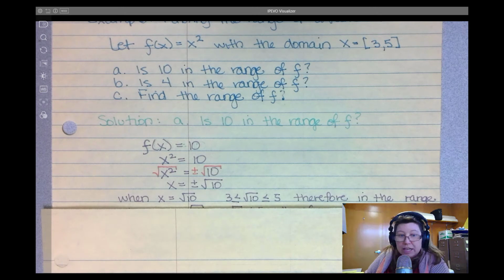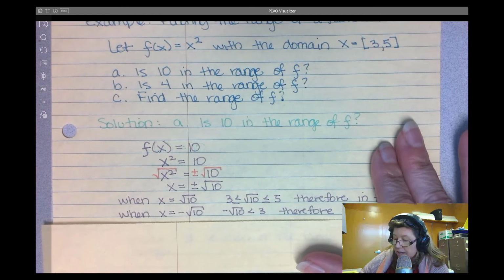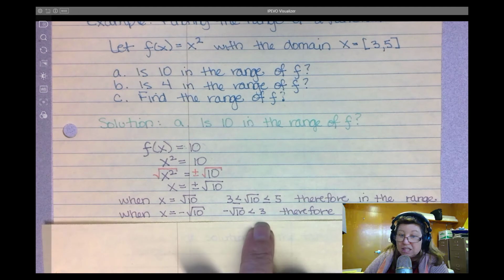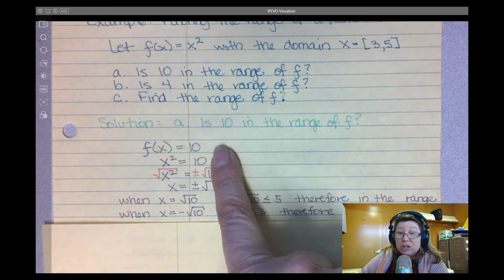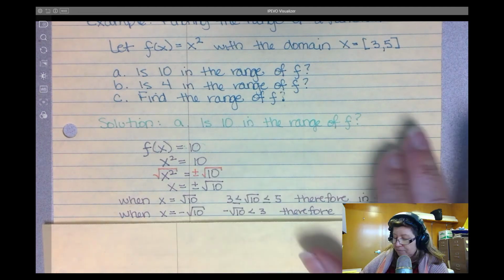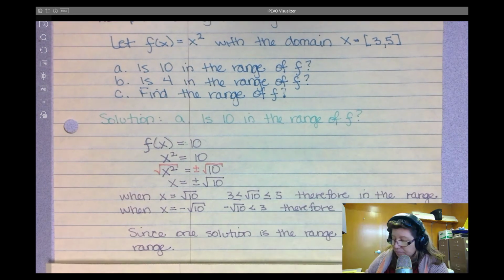Therefore, it's in the range. Therefore, this is good. But we have to look at that negative one as well. Now, negative square root 10 is a negative 3 point something, which is a lot less than 3. And therefore, it's not in the range. But here's the thing. As long as one works, 10 is in the range. And because the positive one worked, it is in the range. Only one of them has to work.